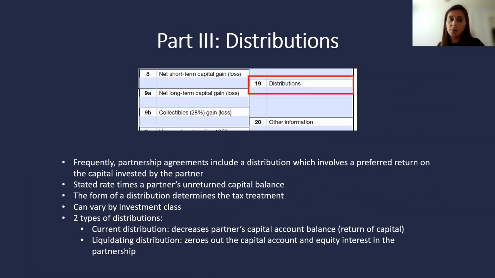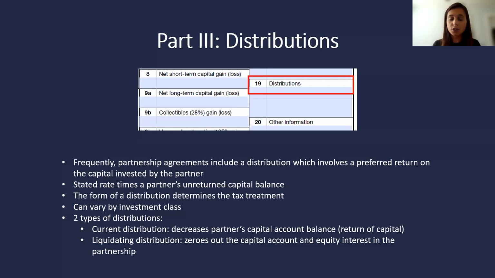The next section in part 3 that I'd like to discuss is distributions. So in your partnership agreement, there's typically a section that discusses this. It's typically a preferred return on the capital invested by the partner. So that's typically a stated preferred return rate times the partner's unreturned capital balance.